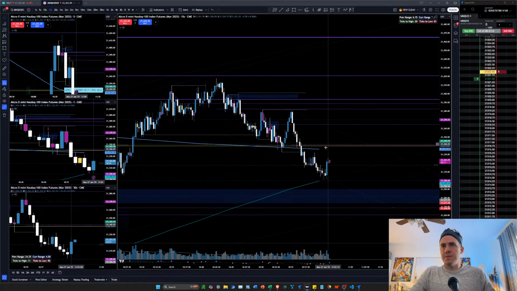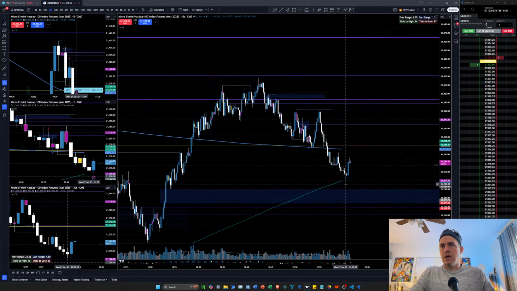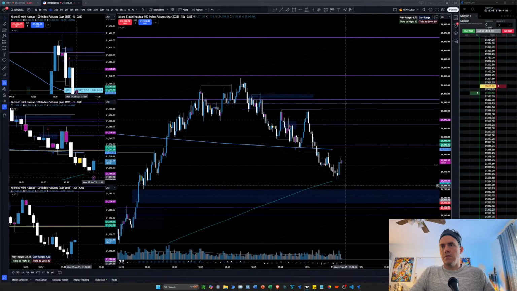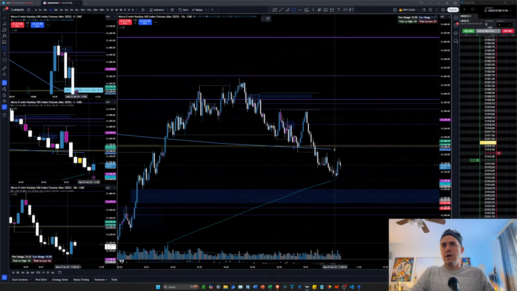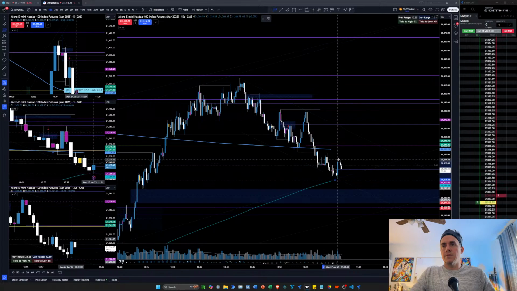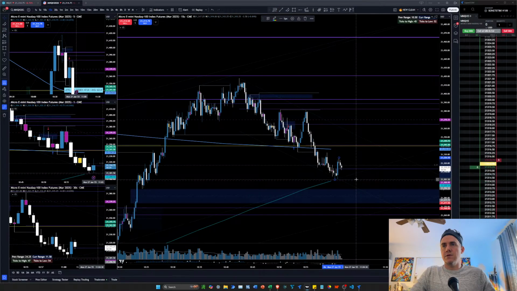It really did flash my entry, but I'm not sure. I might have to call it a day here. The fact that I'm not able to execute that trade right there from this level with all these confluences.